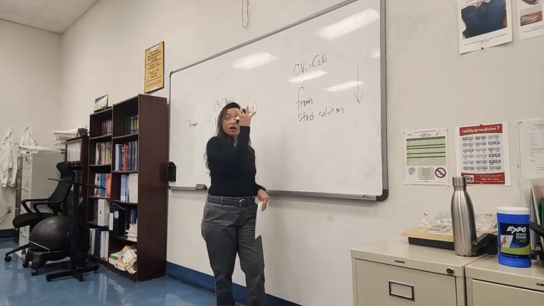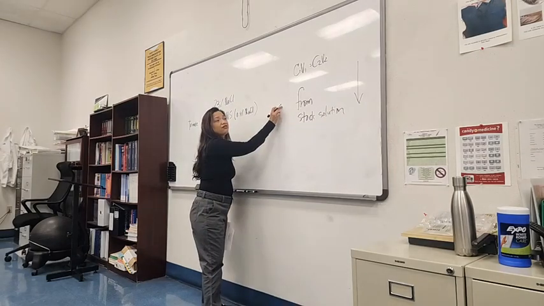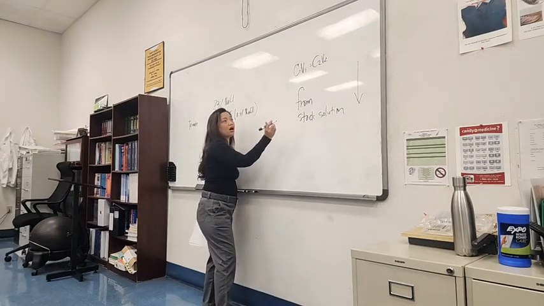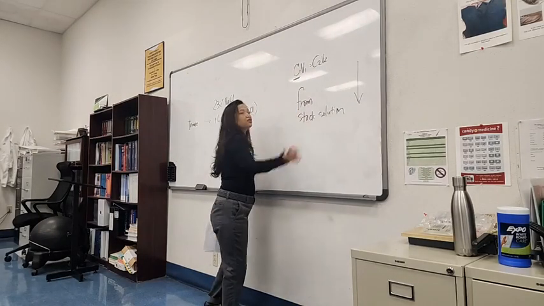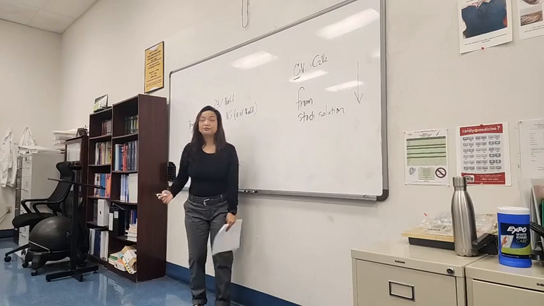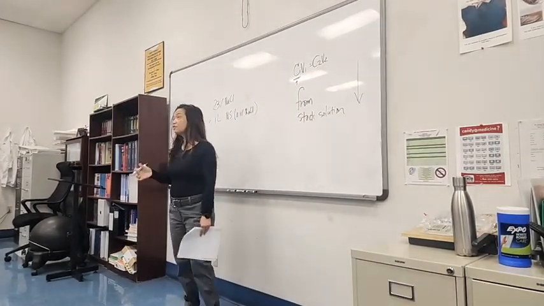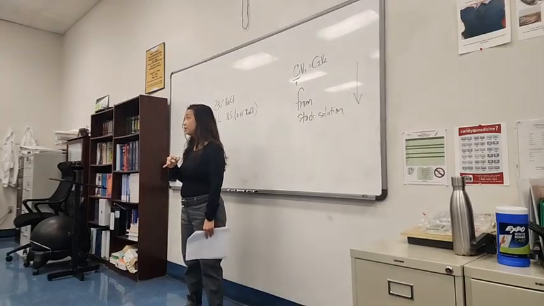From a higher concentration to a lower concentration. So when you see the words from, stock solution, stock bottle, and it's a concentration or a strength, that's your C1. And this is higher. That's your from. You following?